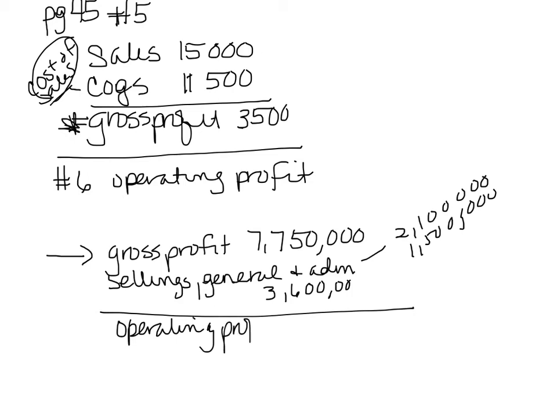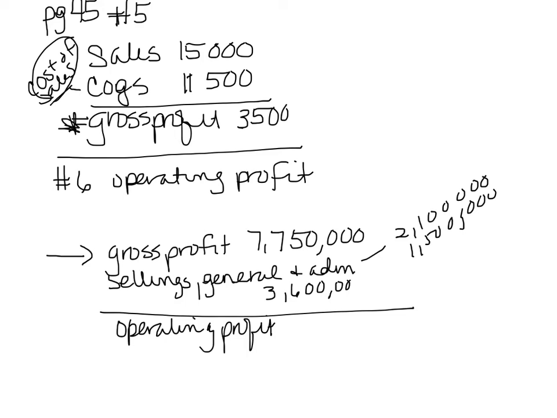We do not include the income tax because if you go back to page 31, I apologize, you'll be able to see that we have gross profit, operating profit, and then earnings before provisions for income taxes, and then the income tax.